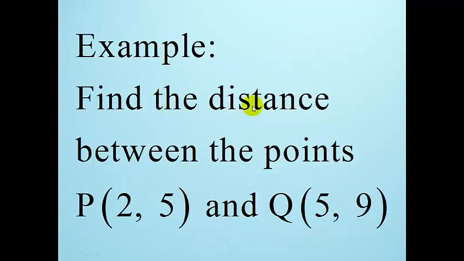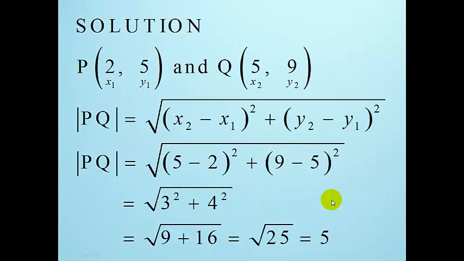Example, find the distance between the point P (2, 5) and Q (5, 9). These are the 2 points given in the question. And we are supposed to find the distance between the points (2, 5) and (5, 9). Now from the question, let's look at the solution. Point P has coordinates (2, 5).